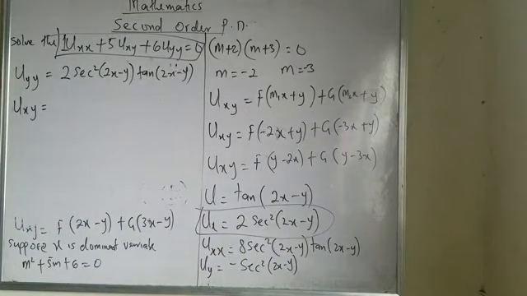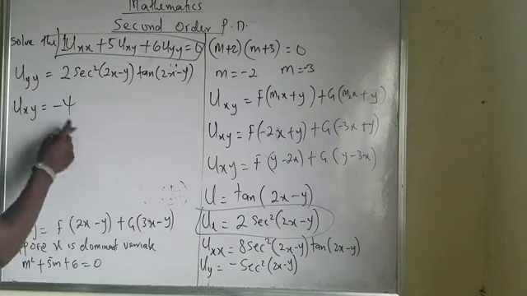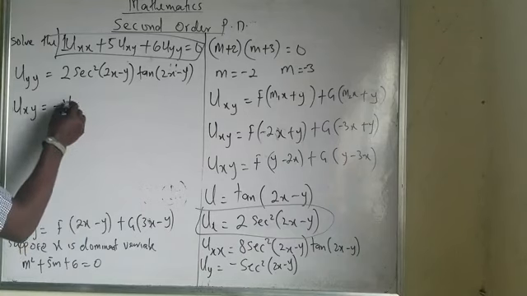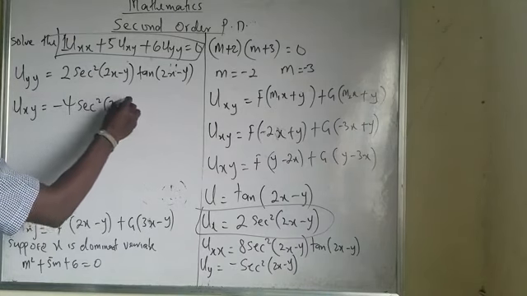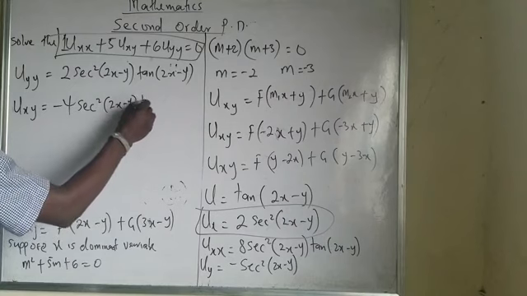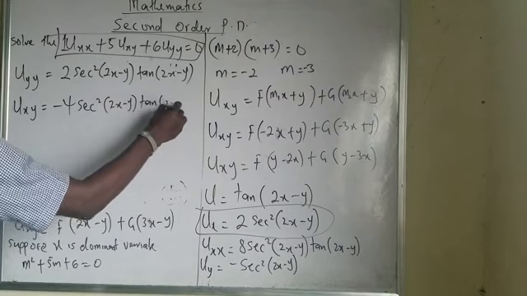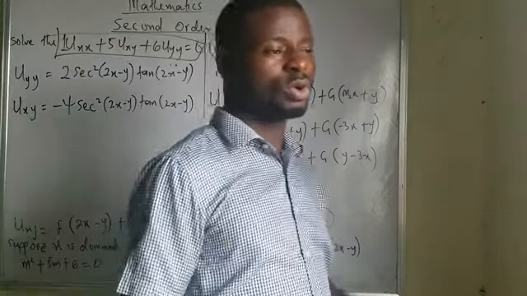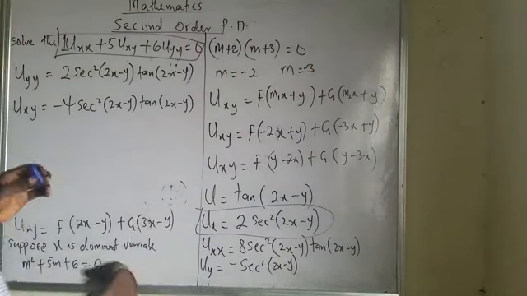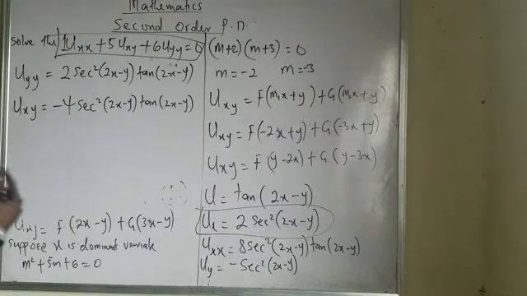It should be minus 4, because that is coming down. Sec squared will be repeated, 2x minus y tan bracket of 2x minus y. That is all about that. Please, that's why I was begging you, you must be good at calculus. I'm just playing around with my calculus now.